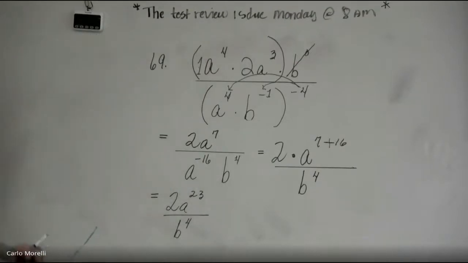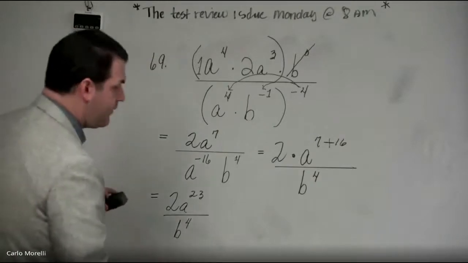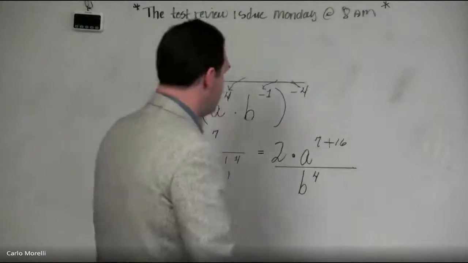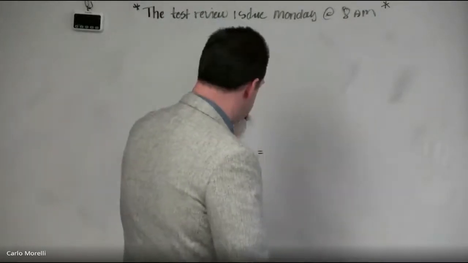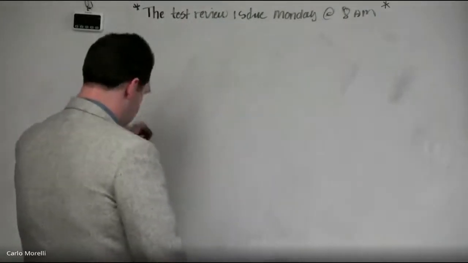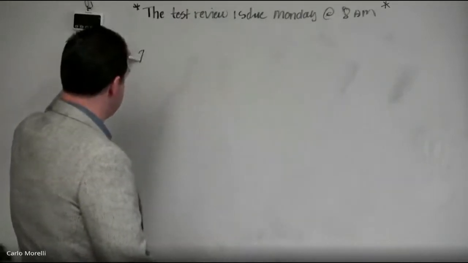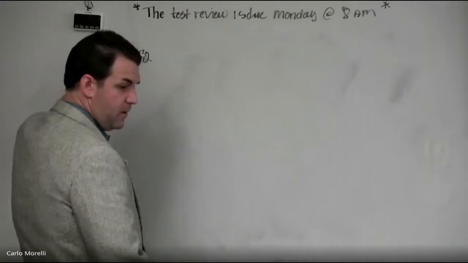Number 70 gives us even more fun. Okay. So take a minute. You're going to have to write down number 70. It's quite a bit to write down. Maybe write small.